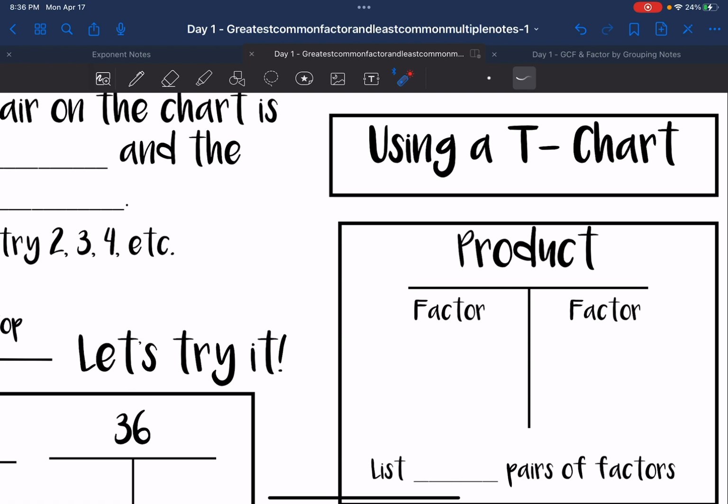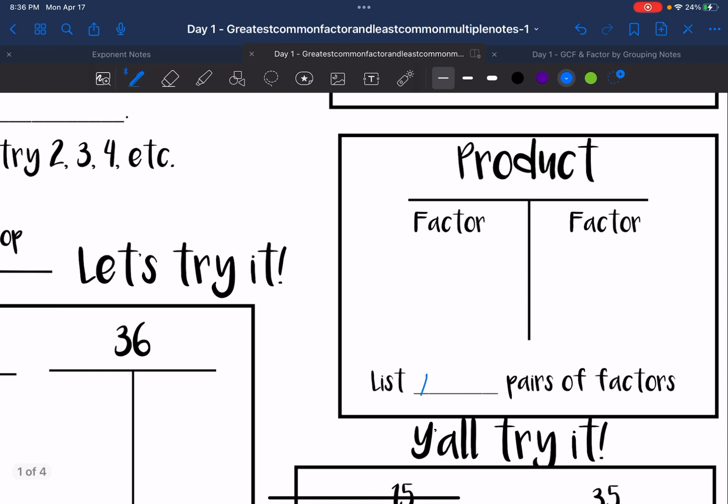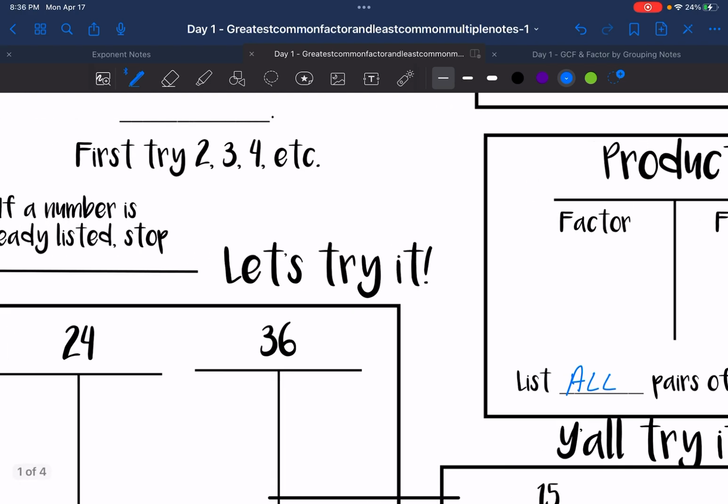It's a factor times another factor that gives us this product. This chart is going to list all those pairs of factors that get you your product. Okay, so let's try an example.